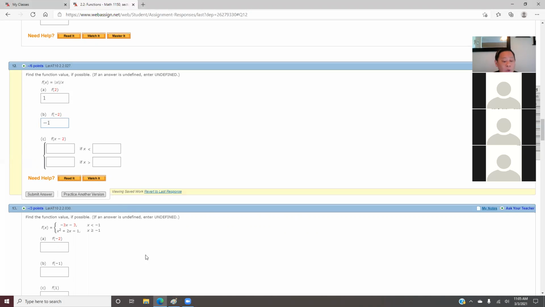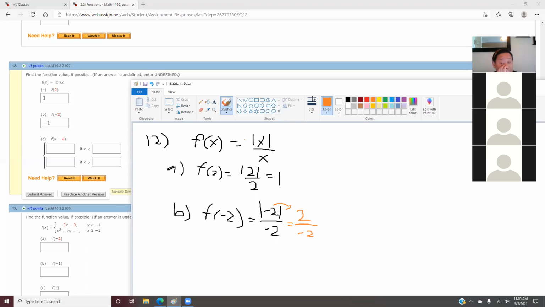What you notice with these two questions is that if your denominator is positive, you always end up with a positive one, because they cancel out. But if your denominator ends up negative, then you always have a negative one.